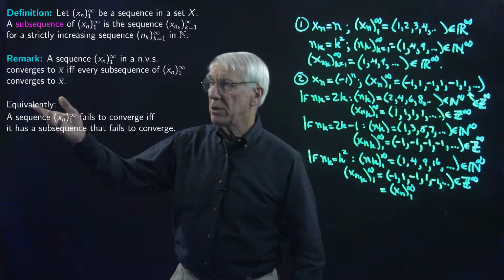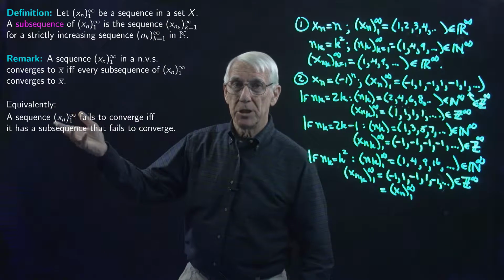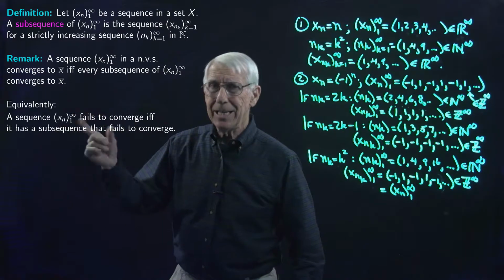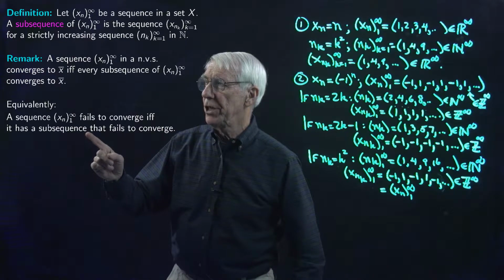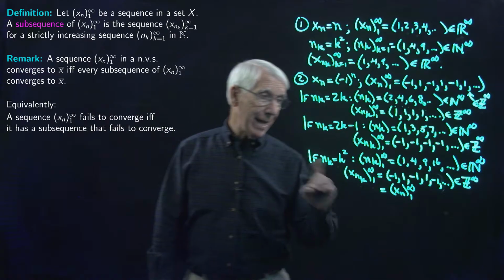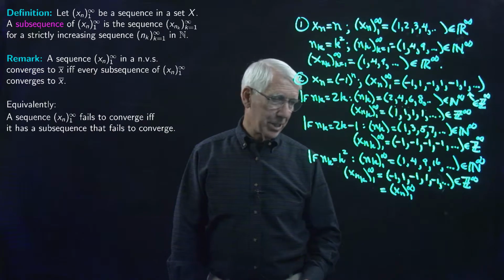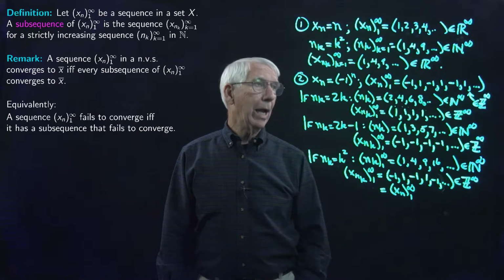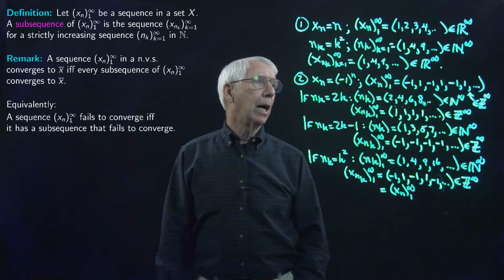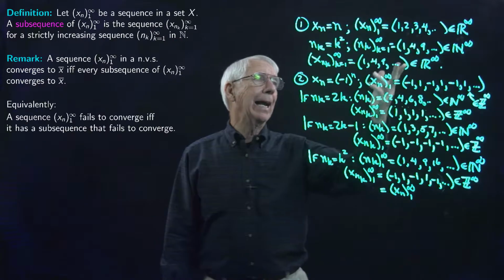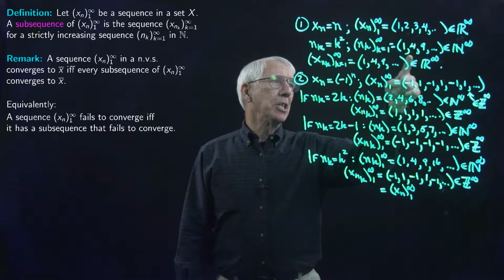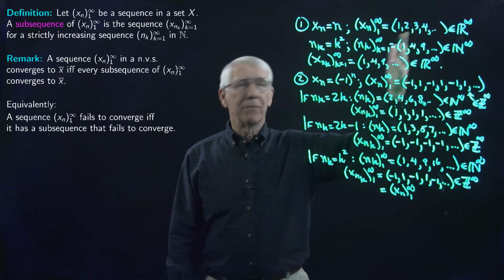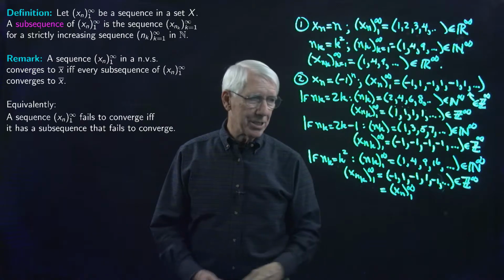But this tells us that if it has any subsequence that fails to converge, then the sequence will fail to converge. Here's an example: this is a subsequence of the original sequence, and this clearly fails to converge, so that fails to converge, although it's all pretty obvious in this case.